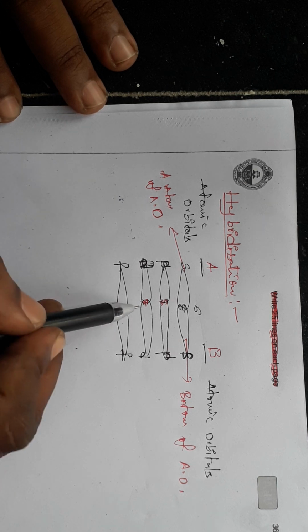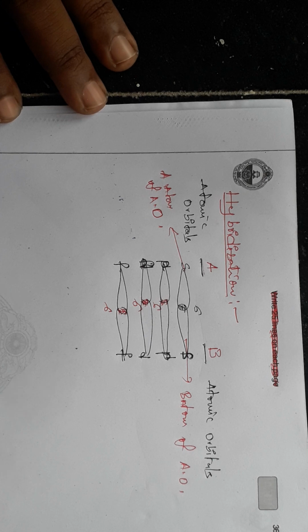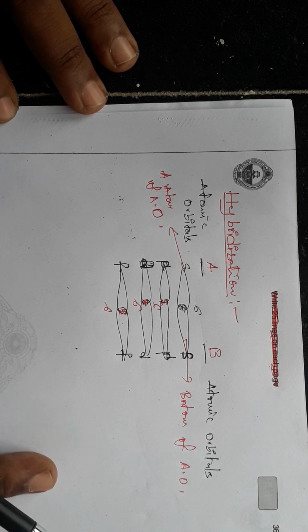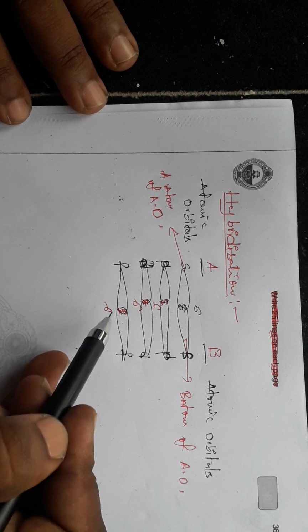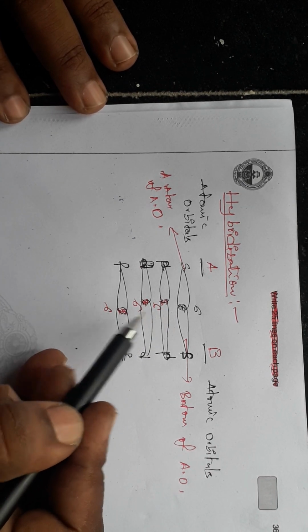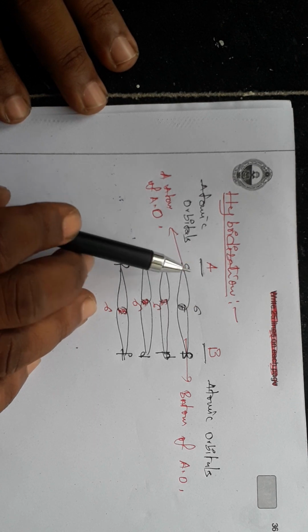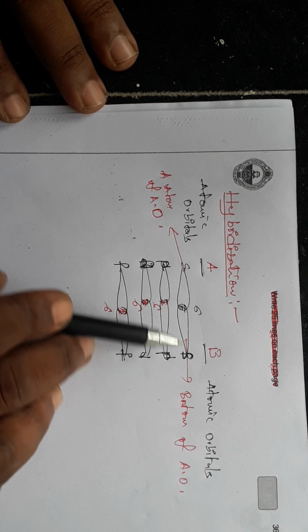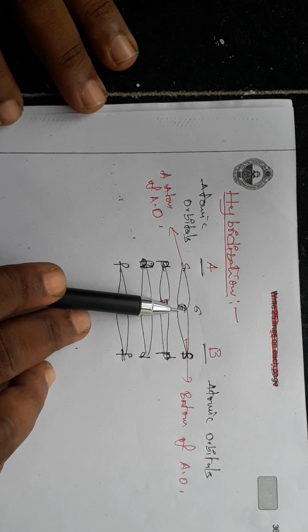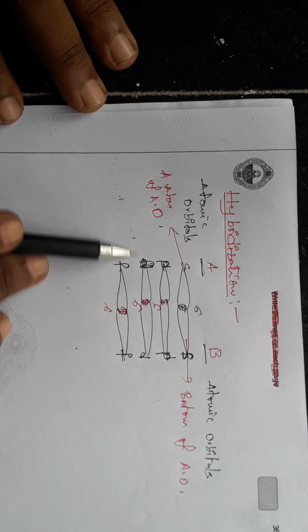So the bond formation takes place between their atomic orbitals, which intermix with each other. The s orbital of atom A and the s orbital of atom B overlap, causing one sigma bond, and likewise p with p and d with d.